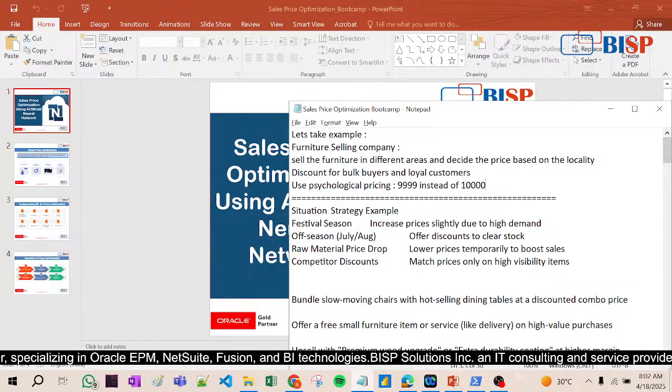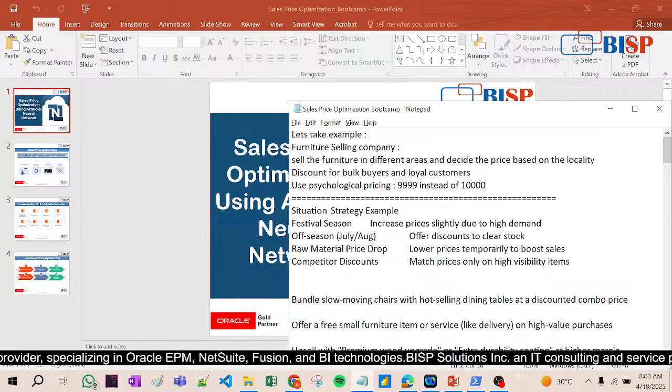Now suppose there are some very high society areas. In that case, you can increase the price a little bit, and you can offer them, okay, we will deliver the items at your home, and you can negotiate with them, and you can add the price of shifting in that price only.